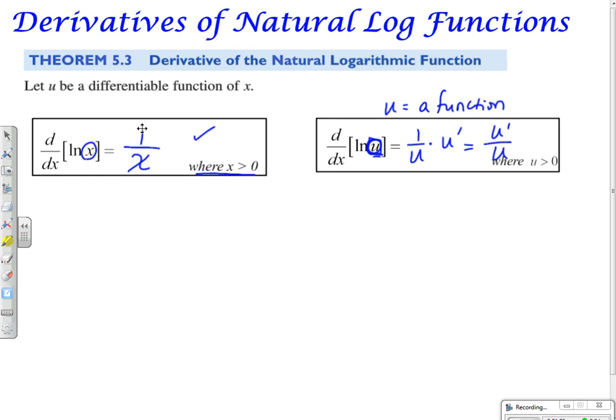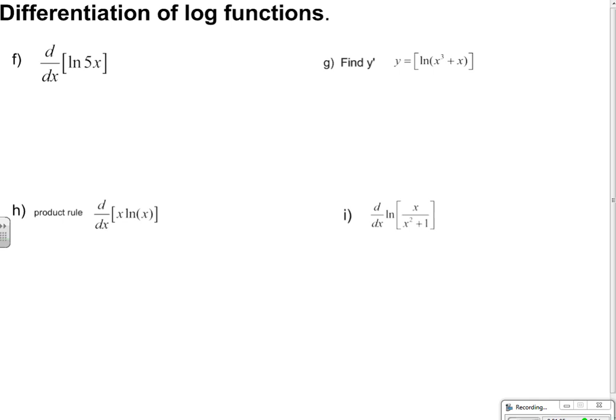So mainly, it's a pretty simple derivative, u prime over u, and I'll just walk through several examples with you so that you can get a feel for these. This is the natural log of 5x. So this is kind of like that u that I was talking about. It's the function 5 times x. Remember, it's 1 over u times u prime, the derivative.